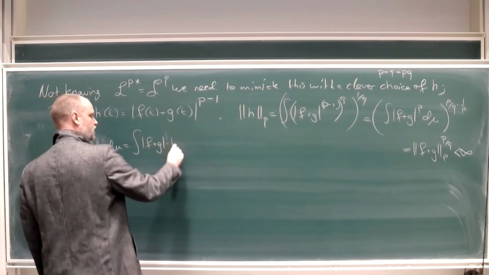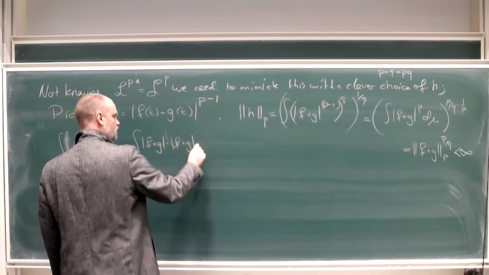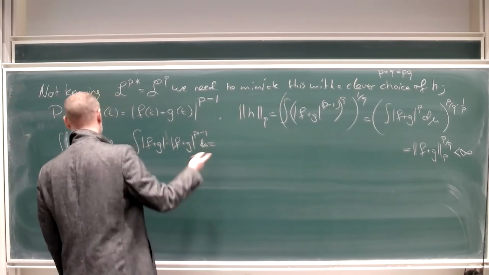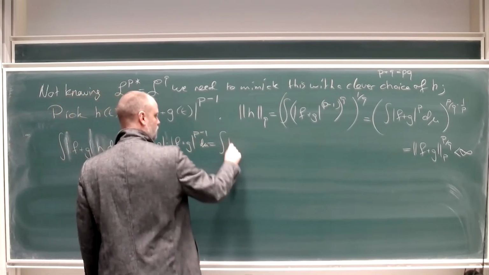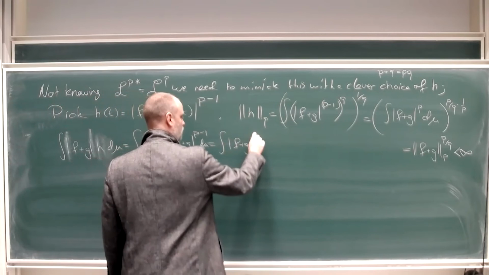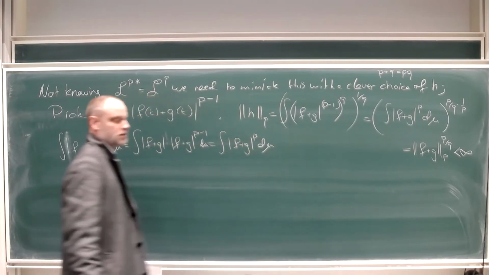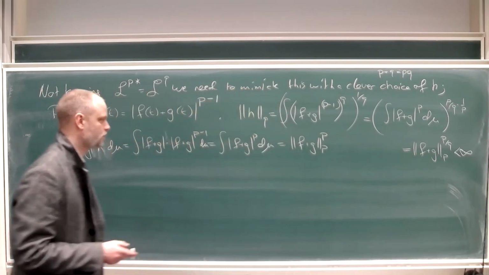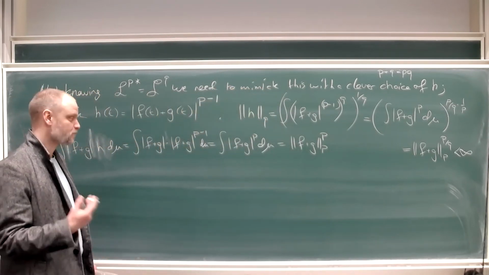To the power of nothing times f plus g to the power of p minus 1, d mu. So this is the integral of f plus g to the power of p, d mu. Okay, so now we get that guy.